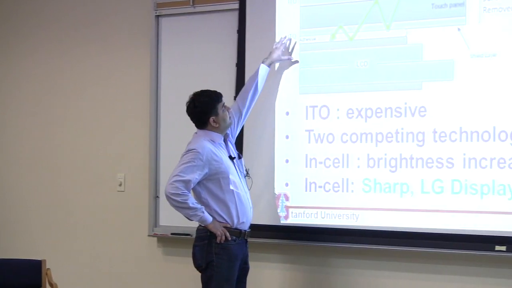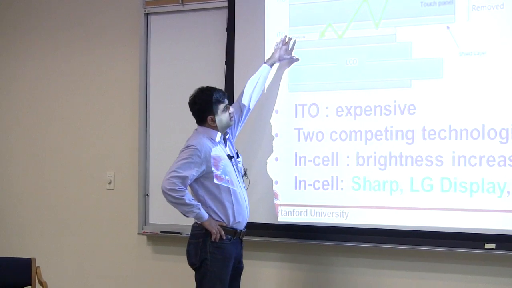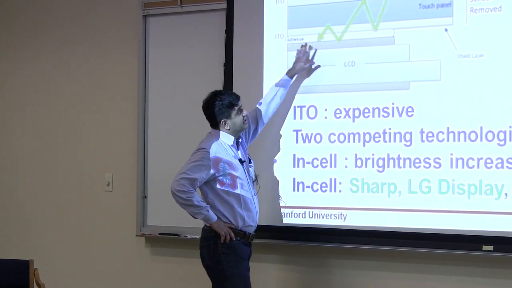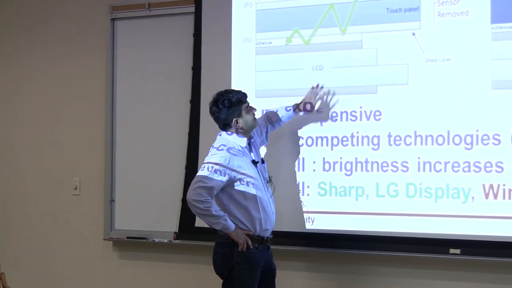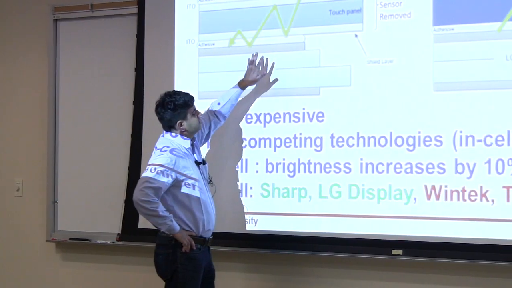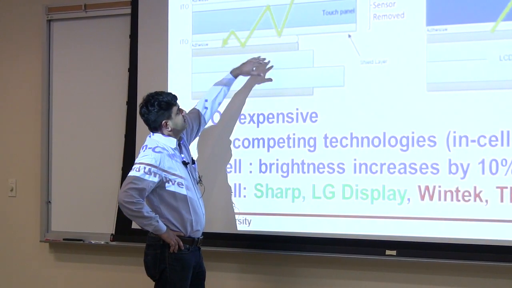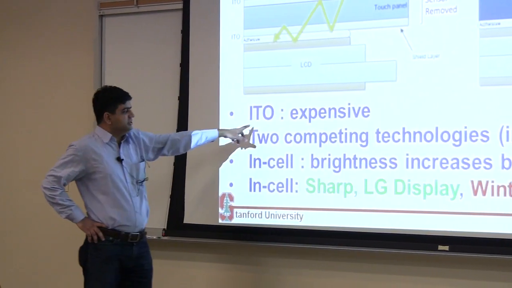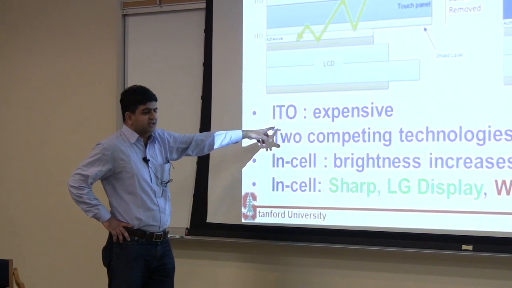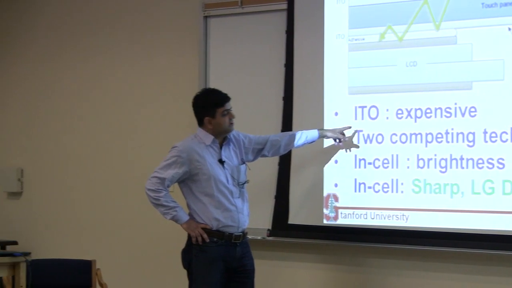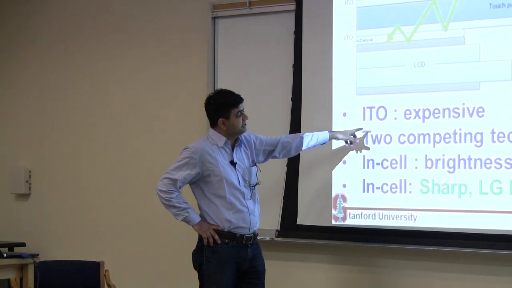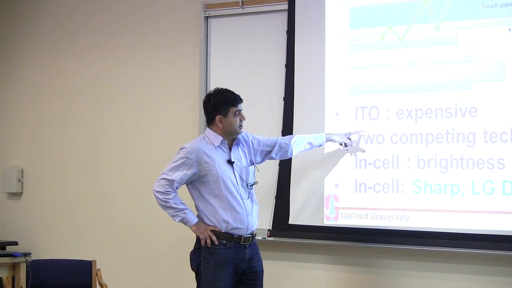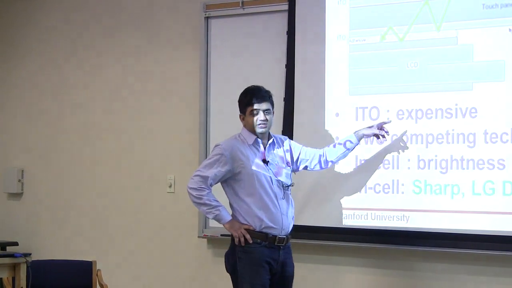So what's a very interesting thing happening on this touch screen. First of all, it interferes with the light coming out of your LCD, so it causes a 10% reduction in your overall brightness. Another thing is ITO. As more and more people have started using smartphones and iPads and tablets, the demand for ITO has gone up real fast. So it has become a very expensive material.